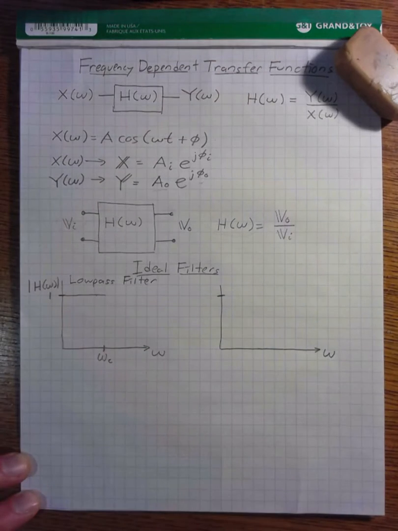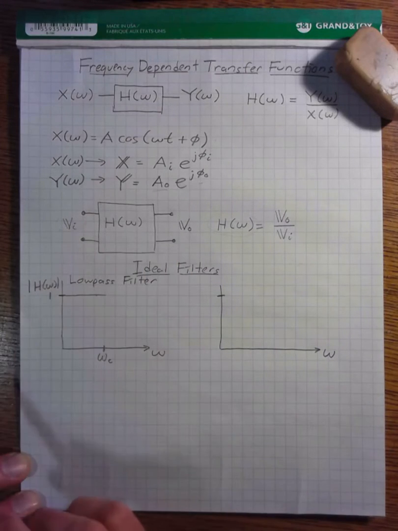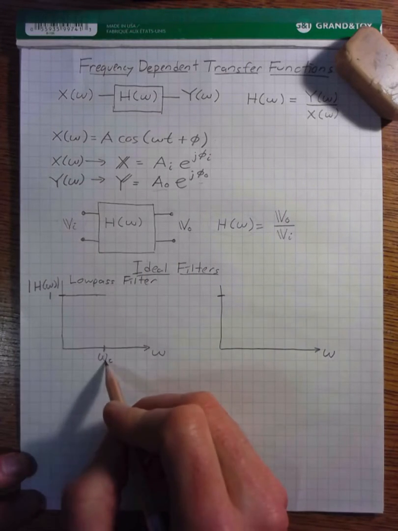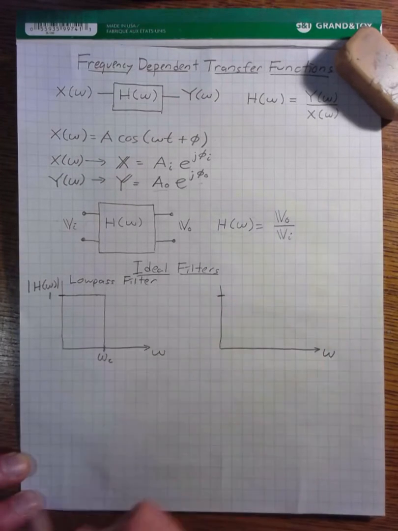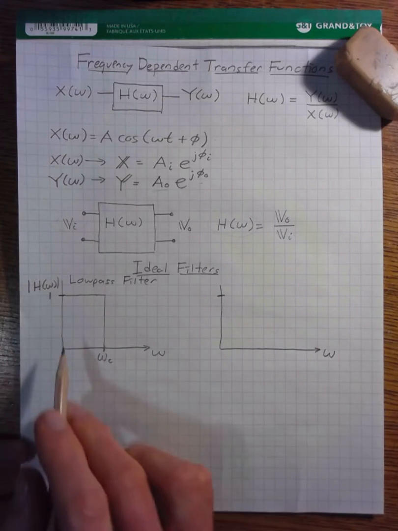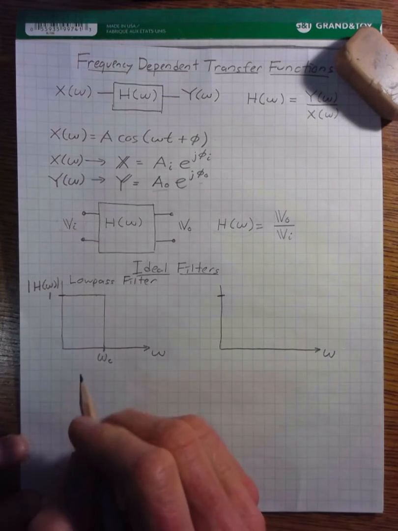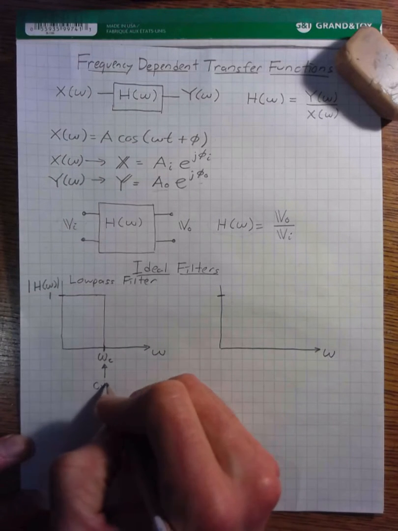So the magnitude of the transfer function is 1. So the magnitude of the output voltage is equal to the magnitude of the input voltage. But once we hit omega c, the response of our filter, or the magnitude of our transfer function, drops down to 0. And we call this the cutoff frequency.